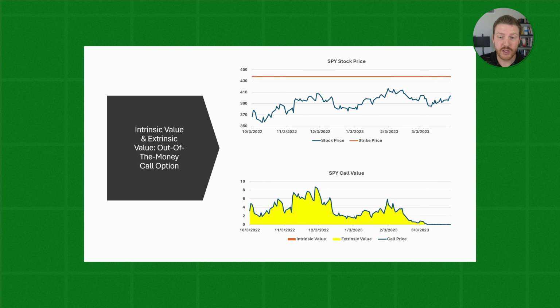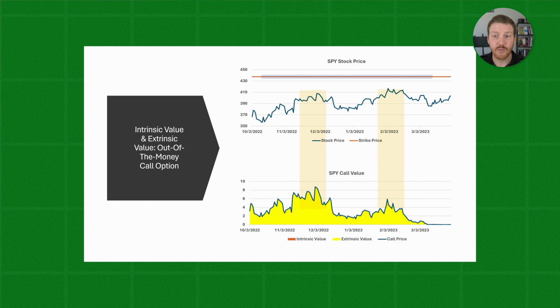So here we can really isolate this extrinsic value and see that it's going to start high in October 3rd of 2022. And then over time, we should see it generally decrease as we get closer to expiration. There are examples where the extrinsic value increases over time. You will see that this is when the stock price gets closer to the strike price.